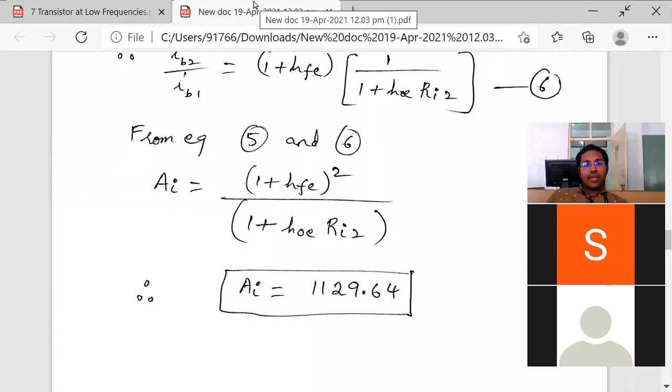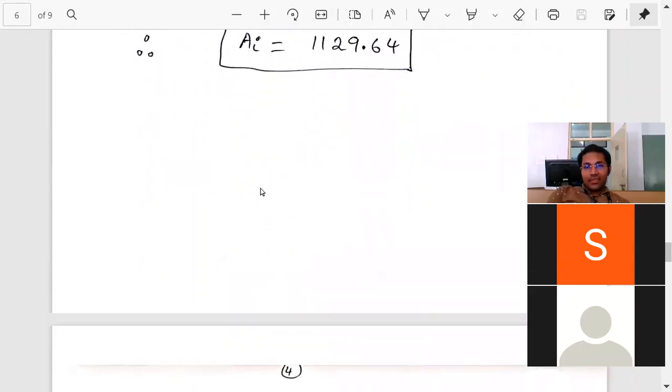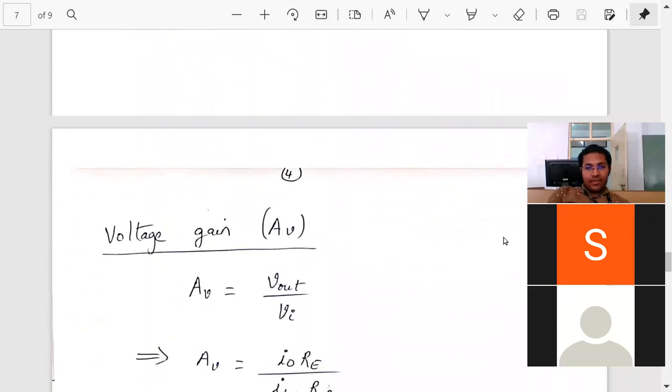Yes, anybody got the same answer? Just substitution. This we already discussed in the last class.